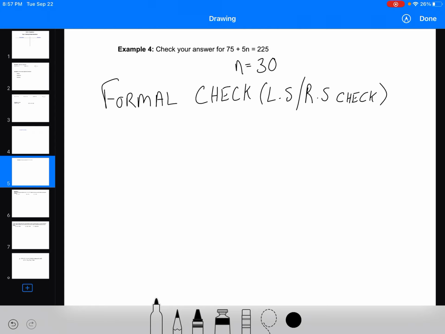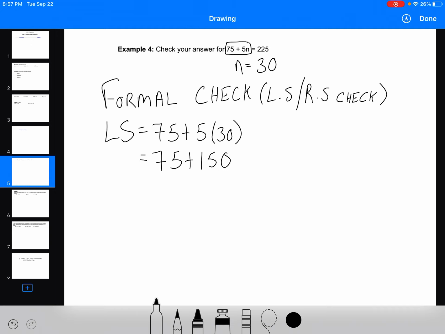Okay, so the way you do a formal check is you write left side equals, and then I'm going to look at the original equation, so the equation right at the top. I'm going to write 75 plus 5 times 30. Then I'm going to solve for it. 75 plus 150, 225.